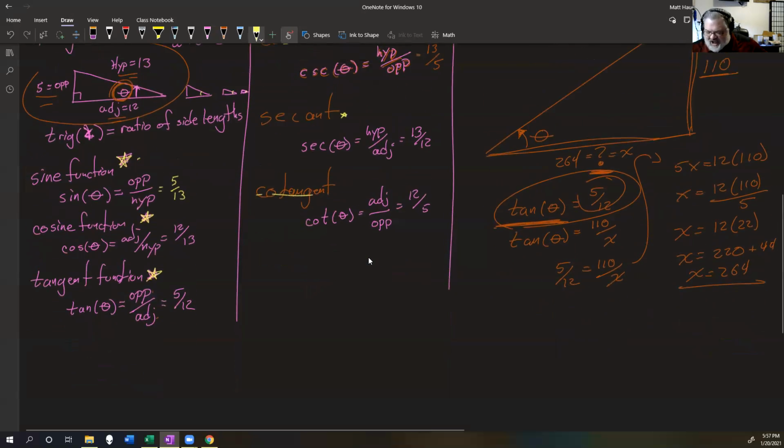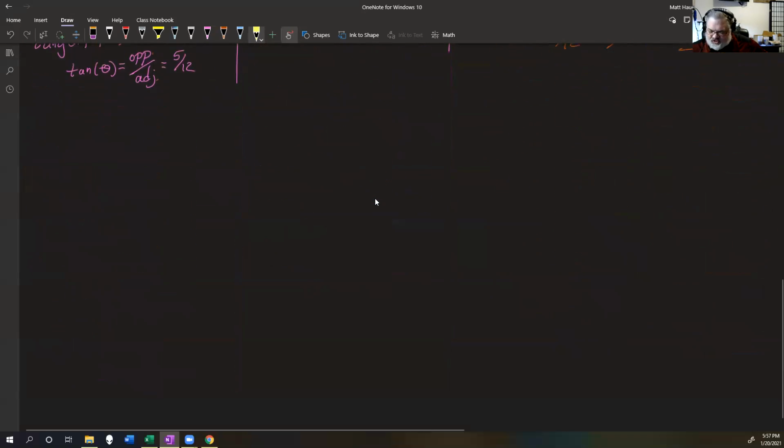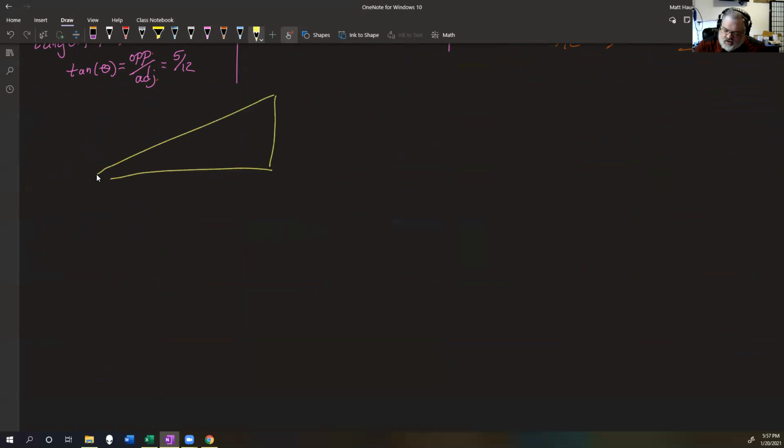Now you asked, how are we gonna use this in relation just to angles? Well, there's a couple of different ways. One, if we know an angle, let's say even in degrees, let's say this is 32 degrees.